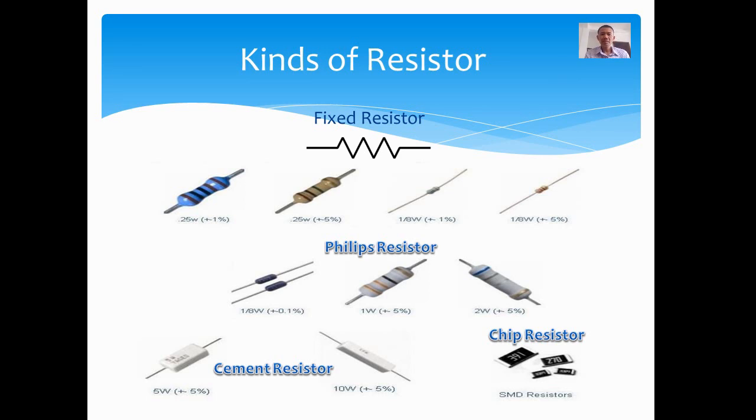The terminal is attached to its body, and its value is coded, so you have to convert its code to get its value. Surface mounted means that it is directly soldered on the surface of the printed circuit board.